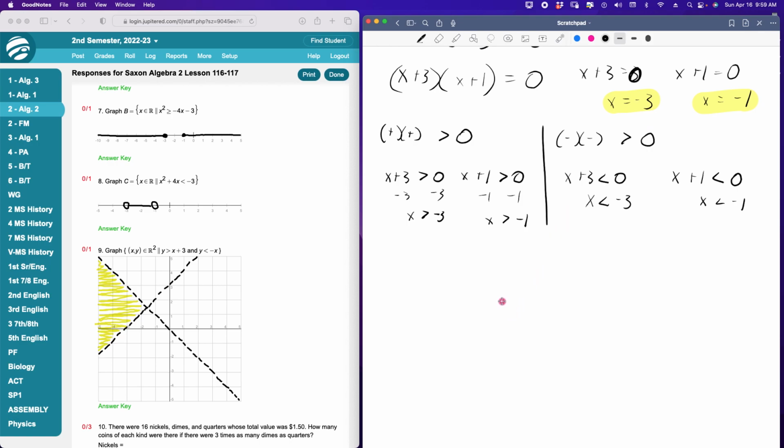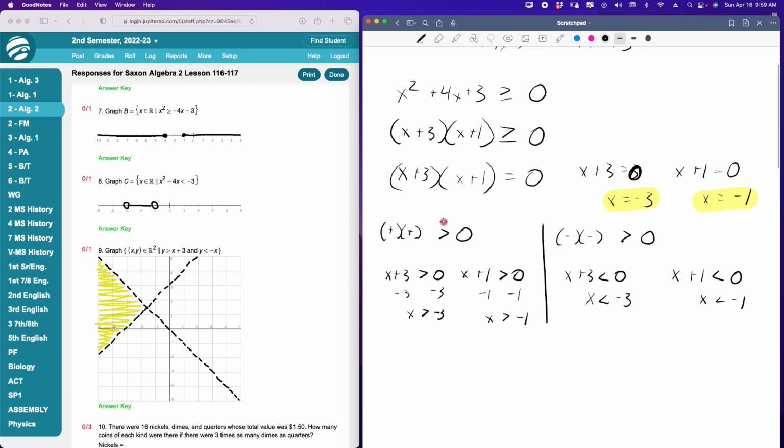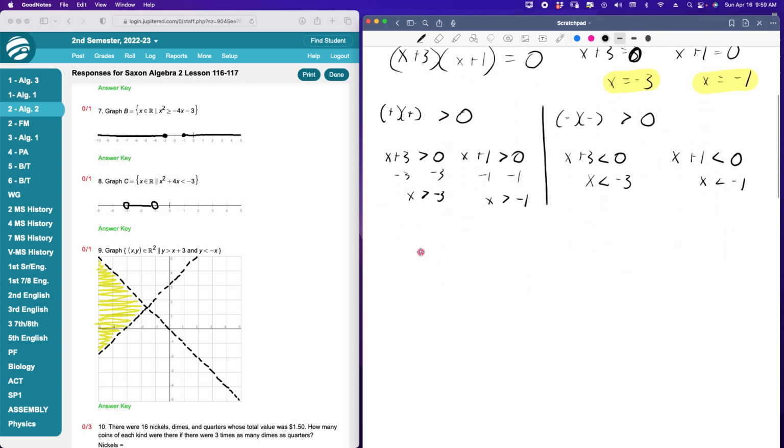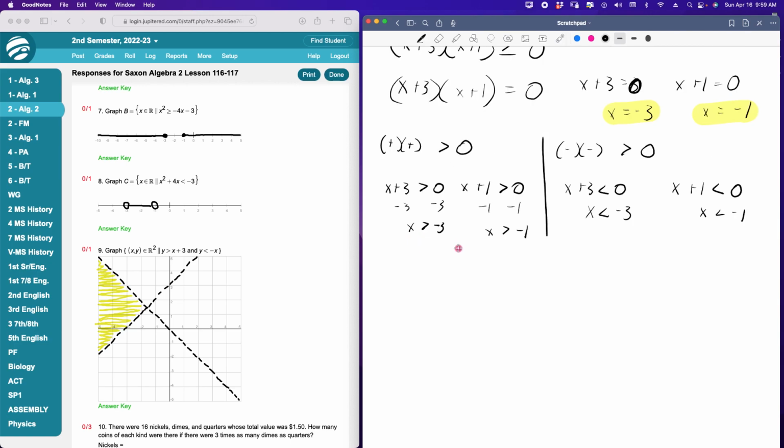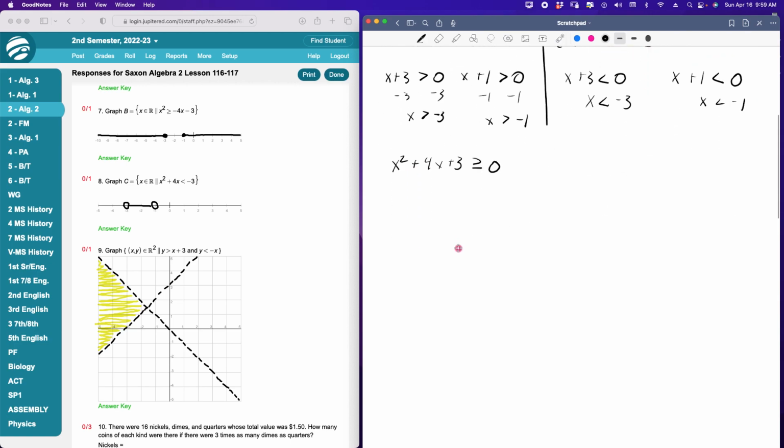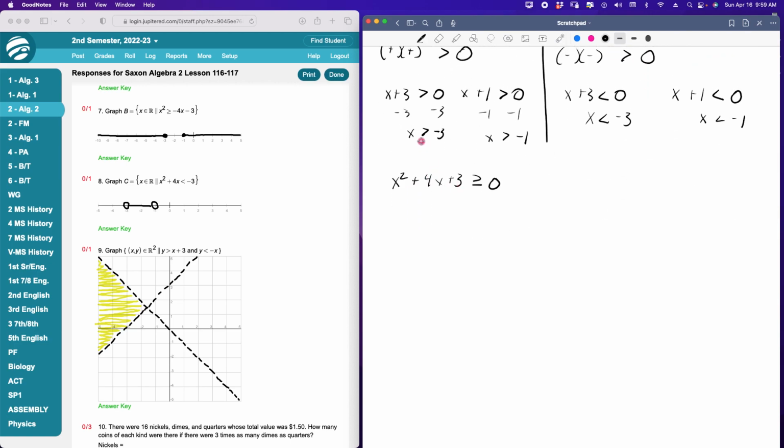Now we will test those and see which ones go with the above. So we're going to just take that original equation, which is x squared plus 4x plus 3, greater than or equal to 0. That's what we're testing here. So let's take an integer greater than negative 3.